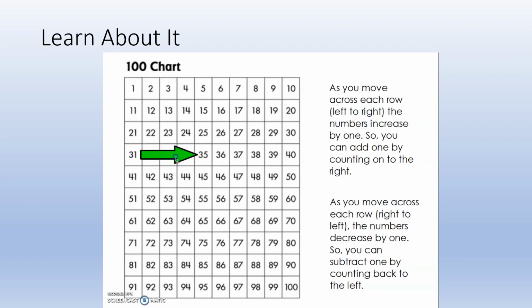So for example, if I needed to figure out what 35 and 1 more is, I can just look directly to the next number of 36. As you move across each row from right to left, the numbers decrease by 1. So you can subtract 1 by counting back to the left. You'll notice that if we go from 56 to the left back 1 number, it's like taking away 1 because we're on 55.